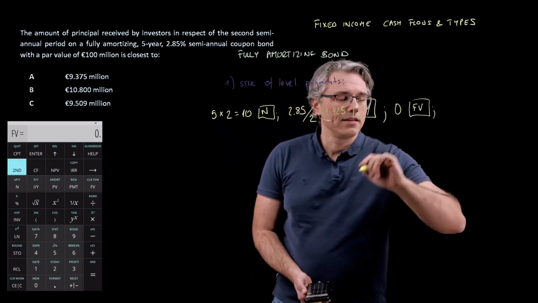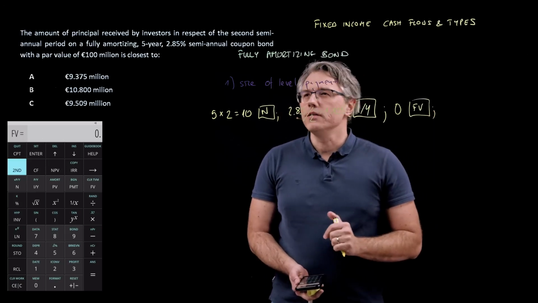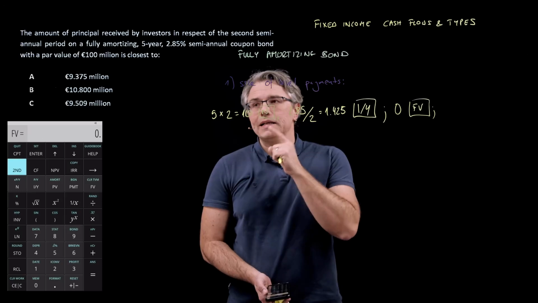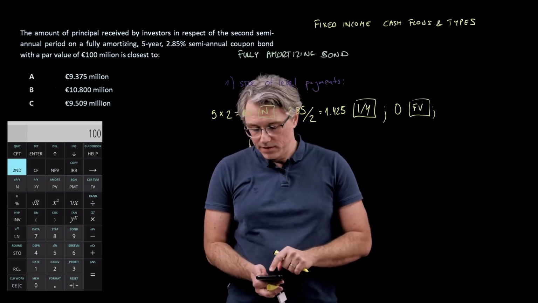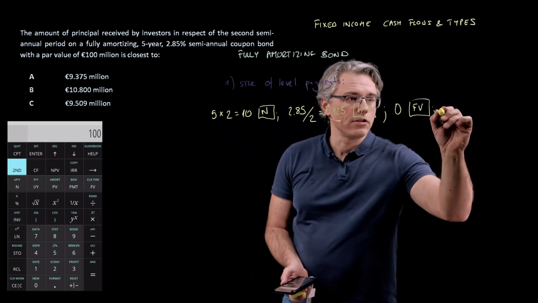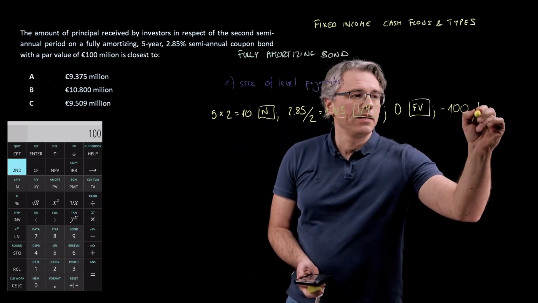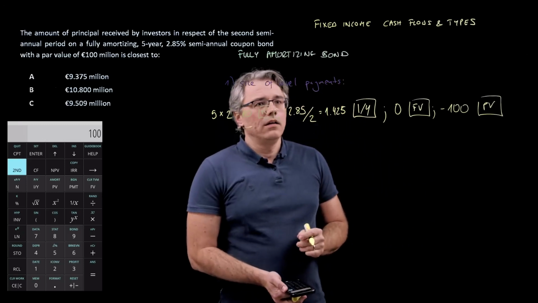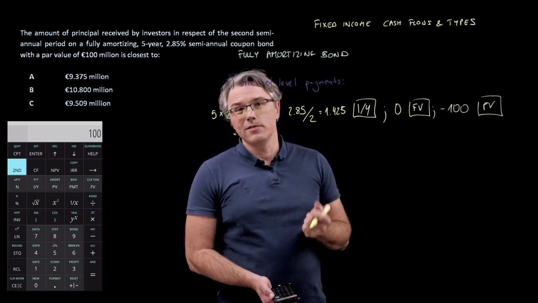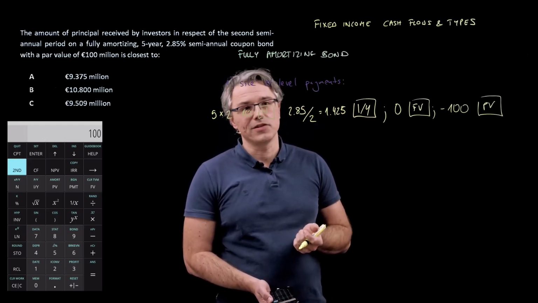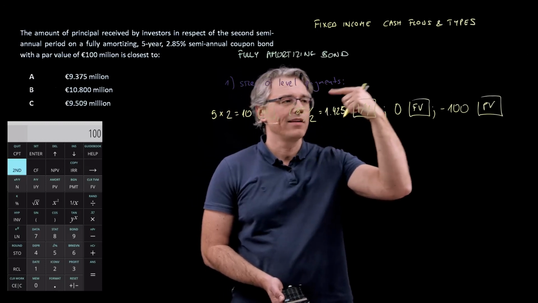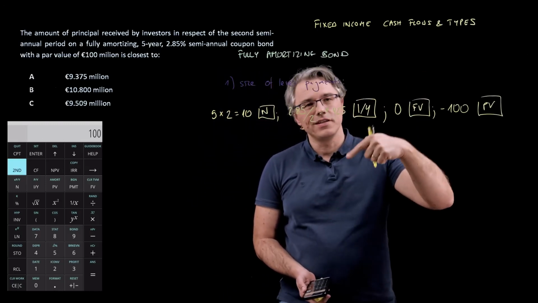And now let's tell the calculator that the input for PV, the present value, is going to be 100 million. But as many of you will know, crucially with a negative sign, because you have to have opposite signs for the PV, FV, and PMT.